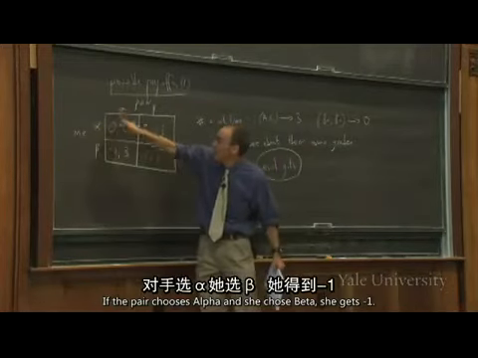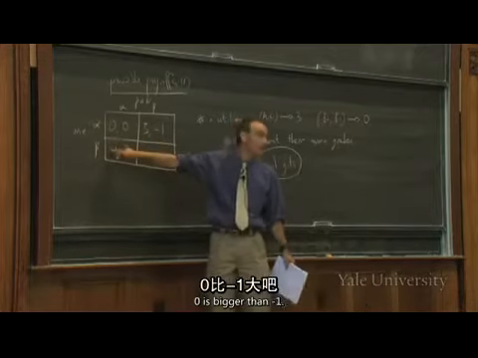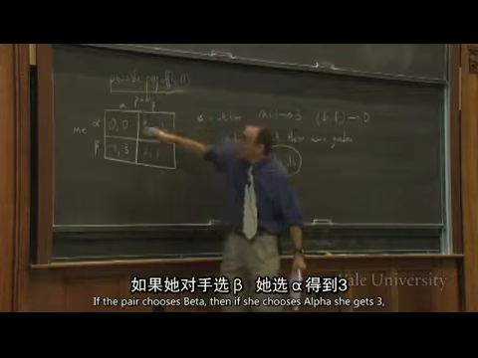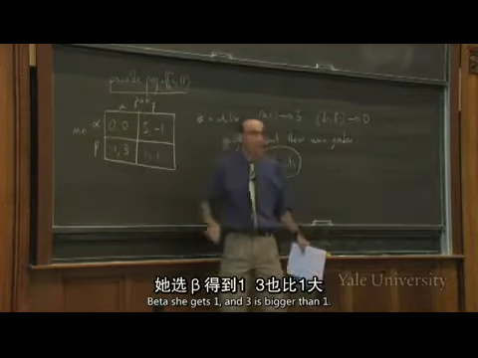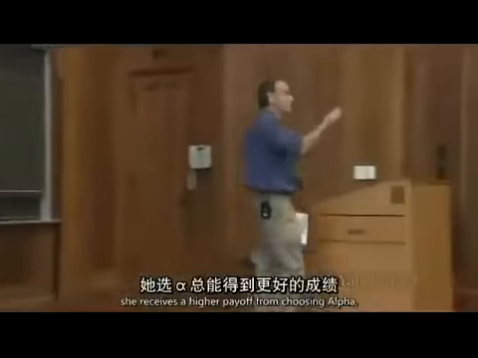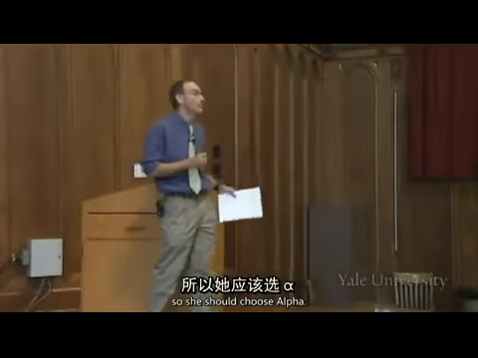If the pair chooses alpha and she chose beta, she gets -1. 0 is bigger than -1. If the pair chooses beta, then if she chooses alpha, she gets 3, beta she gets 1, and 3 is bigger than 1. So in both cases, no matter what the other person does, she receives a higher payoff from choosing alpha, so she should choose alpha.